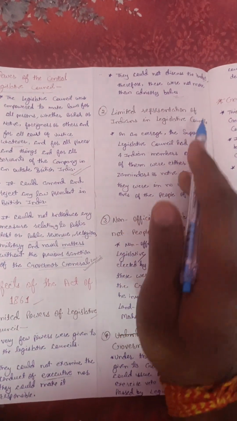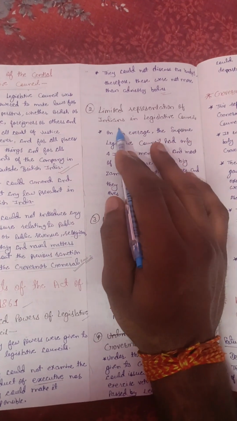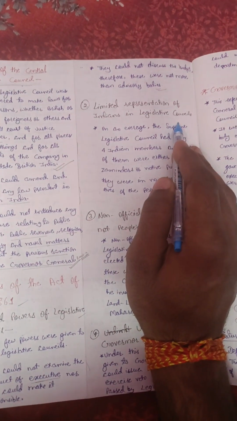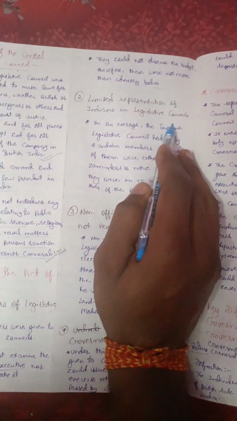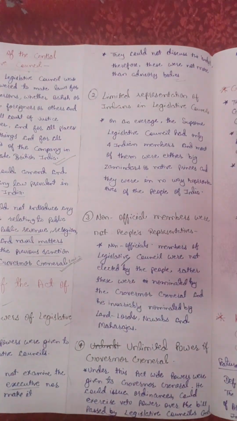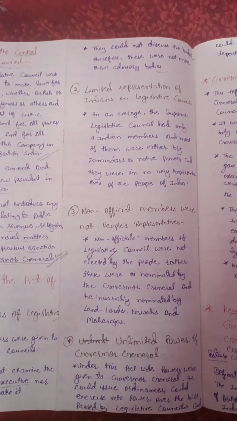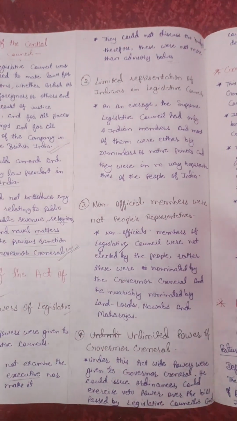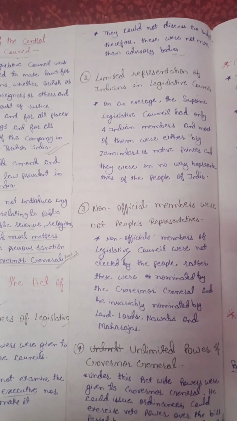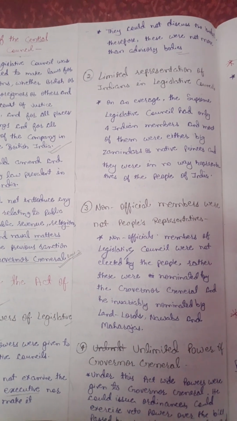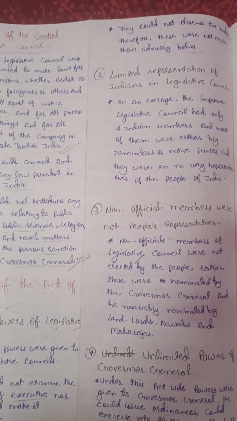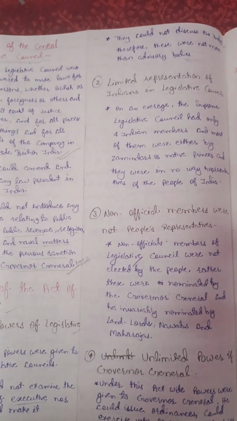The second defect was the limited representation of Indians in the legislative councils. We have seen that the Indian non-official members were elected by the Governor General, but they were mainly landowners, landlords and princes.